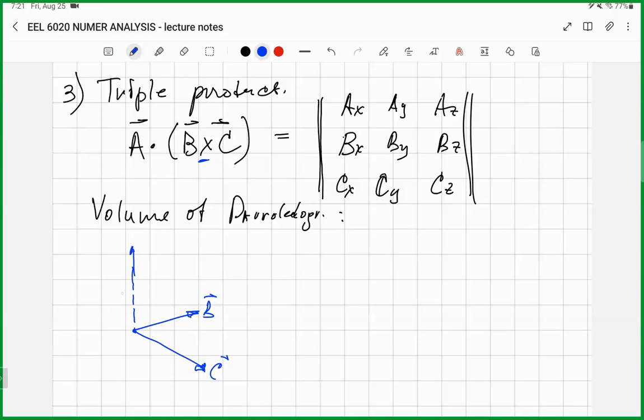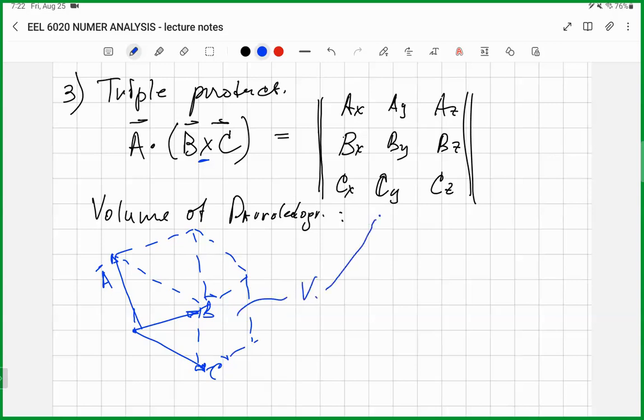And if you have another vector here, a, this triple product is basically equal to the volume of this parallelepiped that is built from these three vectors. So this is the volume. It's equal to this determinant here.